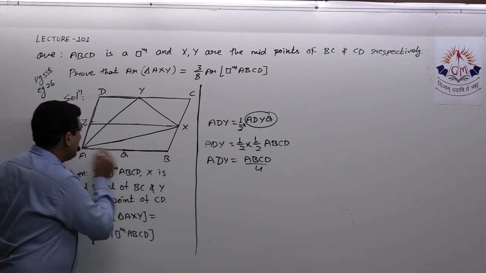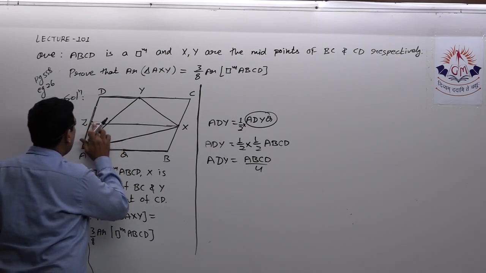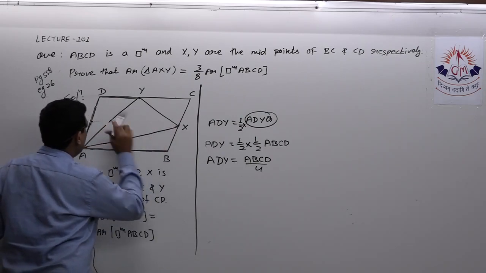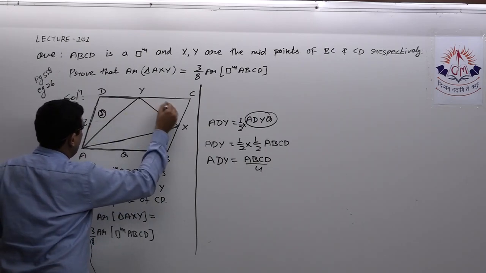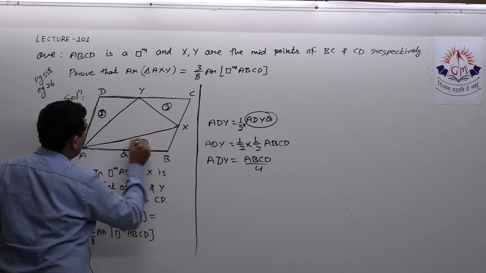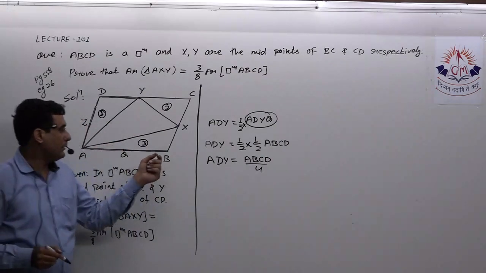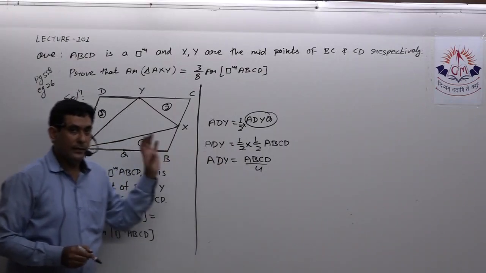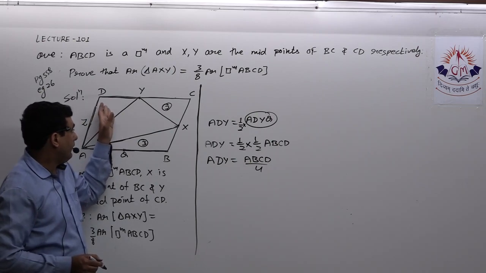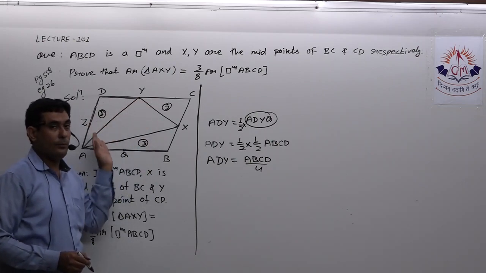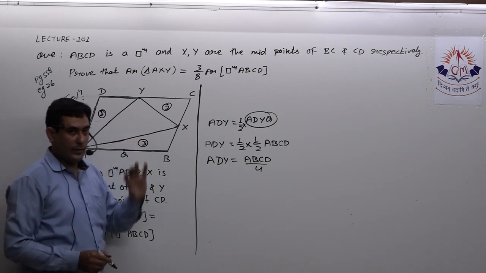So consider the area of this triangle ABX. My target is to find the area of these three triangles. If I am able to find the area of these three triangles in terms of ABCD, then subtracting the first, second and third from the complete parallelogram ABCD, I will get the area of the required triangle.